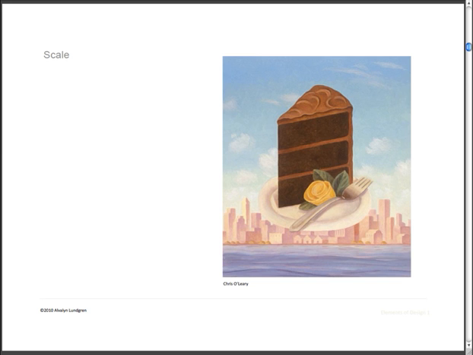We obviously see a large piece of cake floating over what appears to be the Hudson River, maybe the Atlantic Ocean, or maybe one of the Great Lakes, and a cityscape behind it far in the distance. So the meaning we can contrive from it, first of all, is that the cake is very close to us because it is very large in the picture plane. And the cityscape in proportion is very small, and so that's further away.